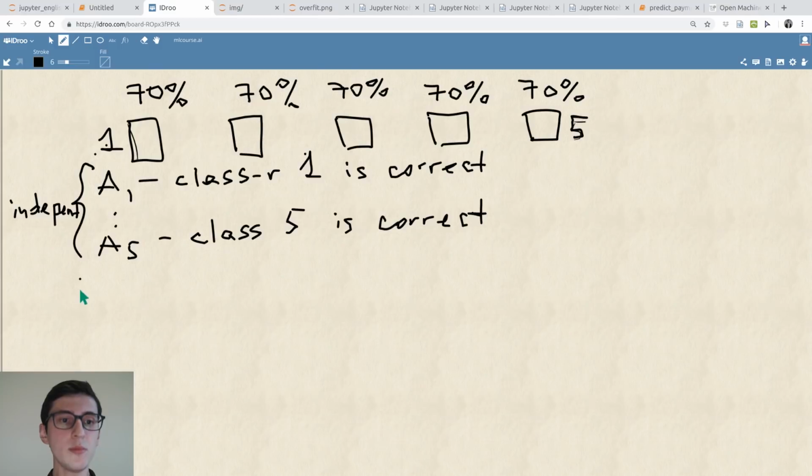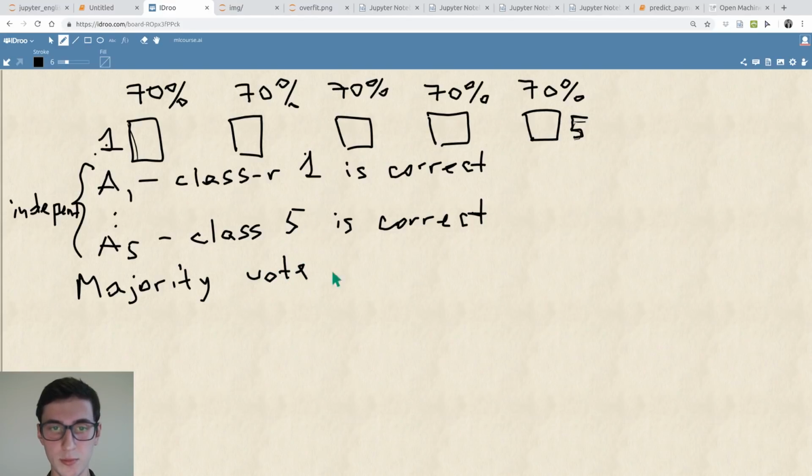The majority vote is correct actually in 3 cases. So either all of the classifiers are correct, or 4 of them, or 3 of them. Let's estimate the probability of this event, assuming that classifiers are independent.